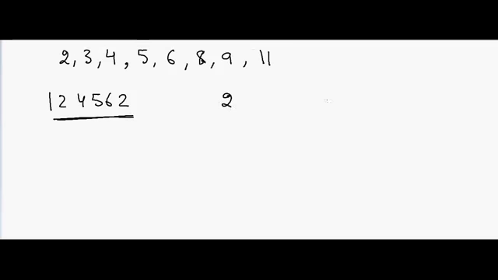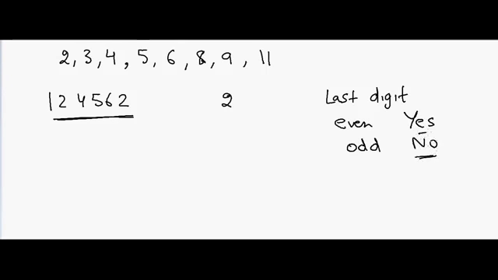We have to look at the last digit, and if it's even, then yes, and if it's odd, then we'll say no. So here we can see that the last digit is 2, so it should be divisible by 2 because it's an even number in the end.